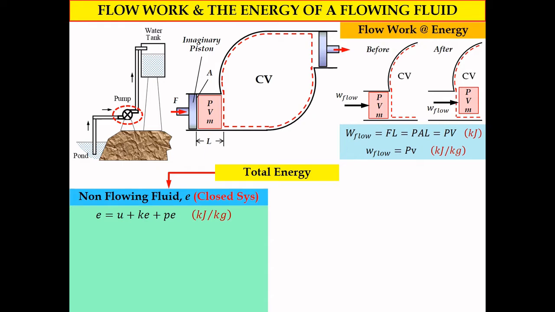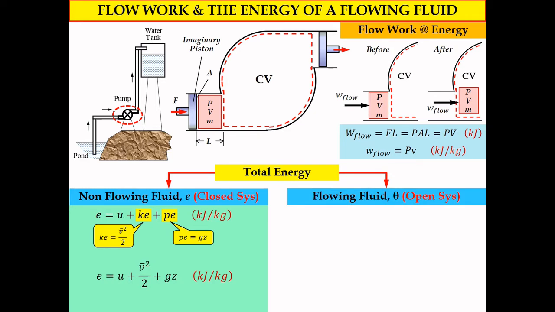If we elaborate the equations, KE is equal to the average velocity squared divided by 2, and PE is equal to the gravitational acceleration multiplied by Z, the height of a certain point. So the second equation for the total energy of non-flowing fluid is E equals U plus V bar squared divided by 2 plus gZ, in kilojoules per kg.